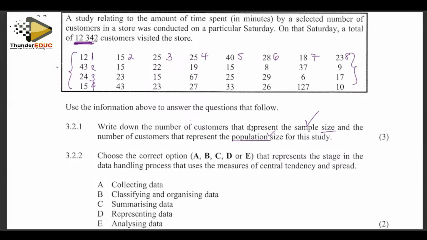So the sample is 8 by 4, which is what? 32. I've just counted these ones here. So multiply that and this. 32. And the population is 12,342. So those were the answers.